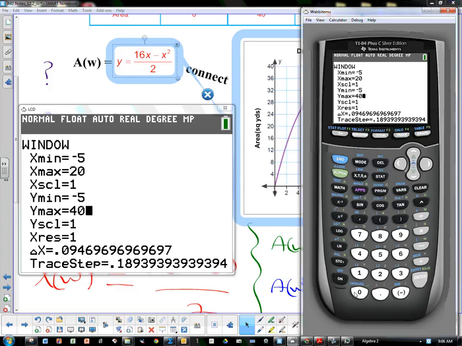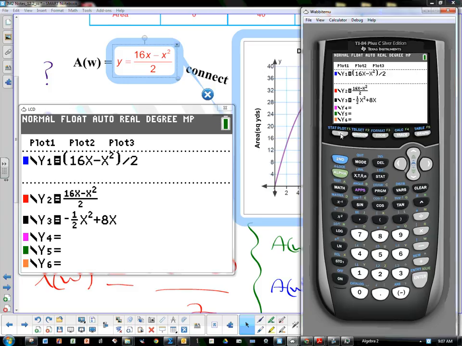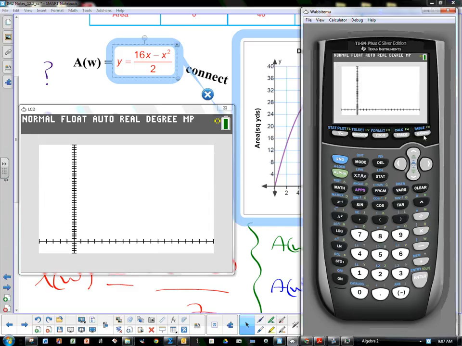And I'm going to graph. You guys were watching, how many equations did I enter in? 3. So it's going to graph all 3 of them, but in different colors. So look at this. When I hit graph, the first graph is going to be in blue, then in red, then in black. Let's see what happens. Here we go. Blue.